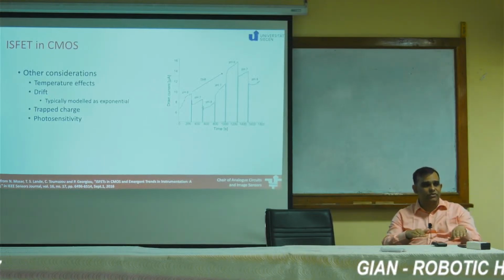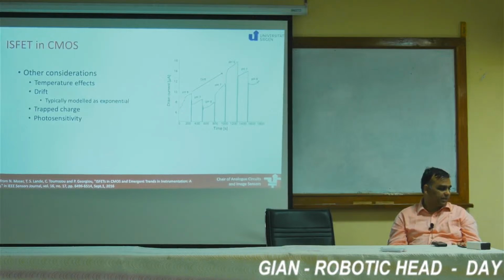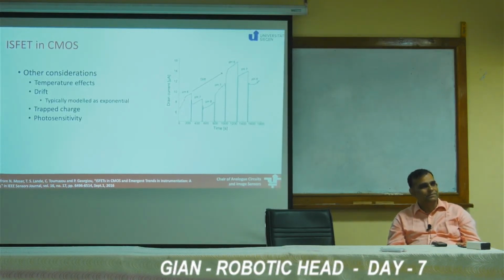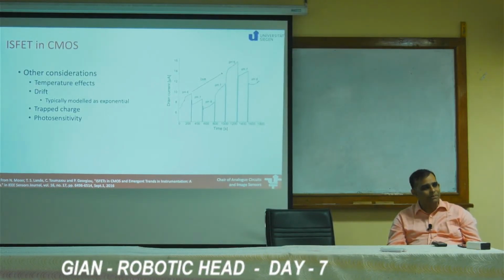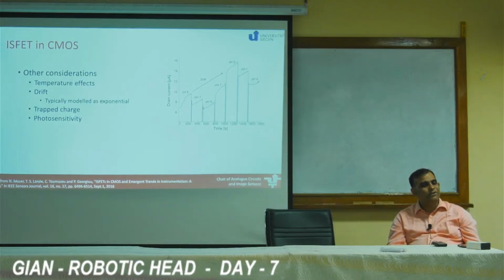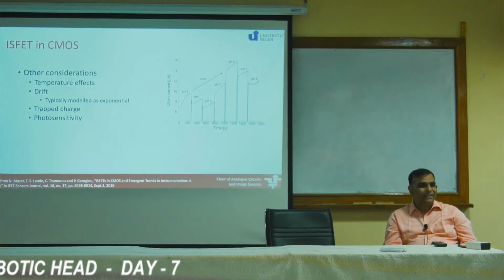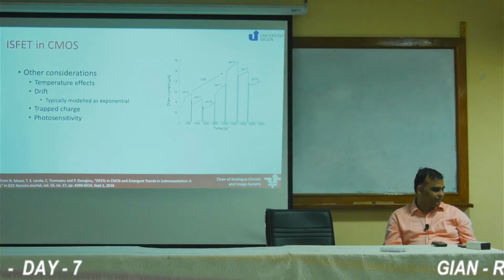Some charges get trapped, so they keep on increasing the drain current. The other issue with these is that it is a transistor. We have used transistors and diodes as optical sensors, so it is also sensitive to light. So, light and temperature effects also come into play here.